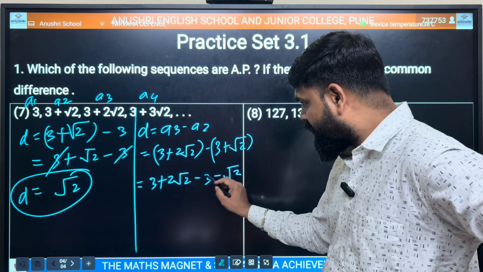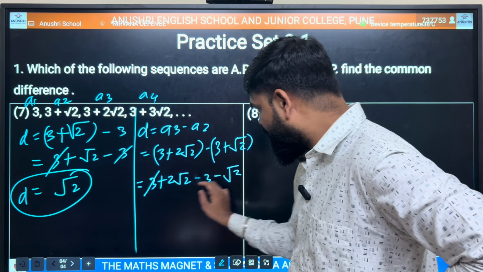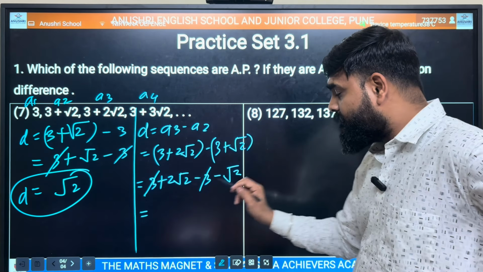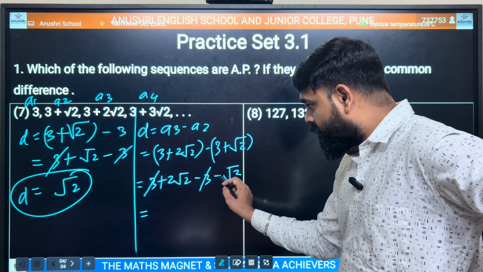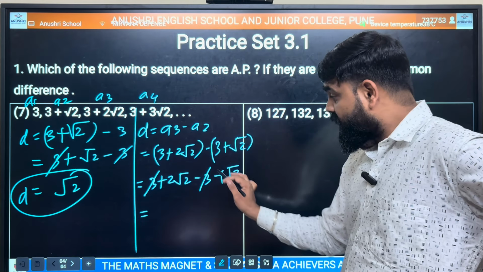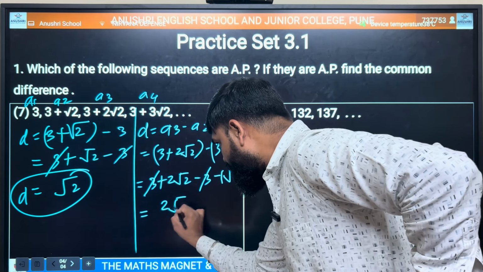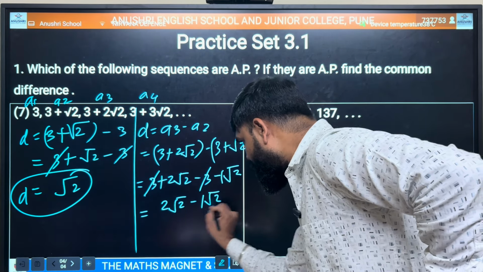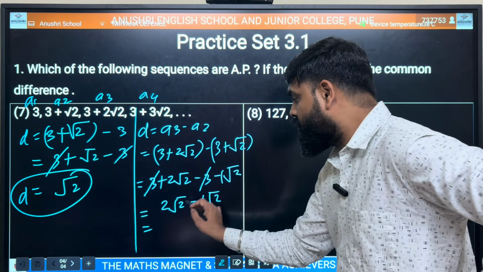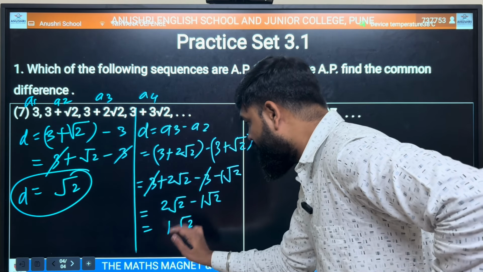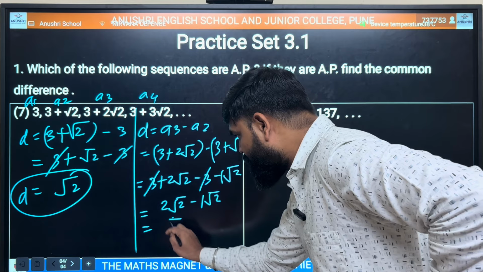We can cancel the positive 3 and negative 3, and we have here 2 root 2 minus 1 root 2. 2 root 2 minus 1 root 2, we can directly write as 2 minus 1, which is 1, so it is nothing but root 2.